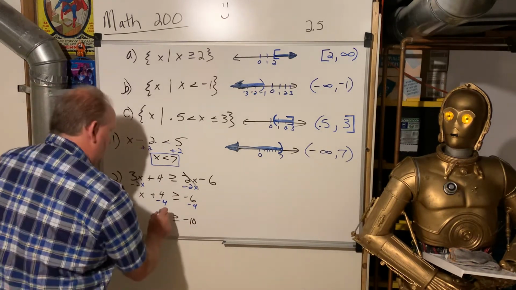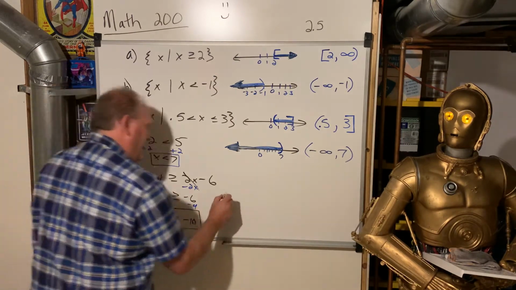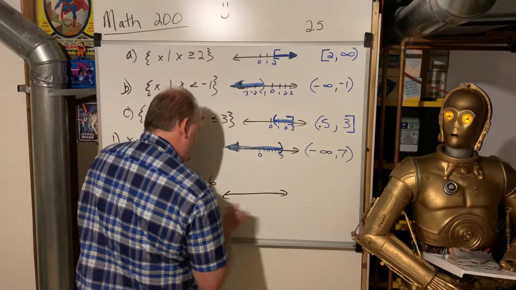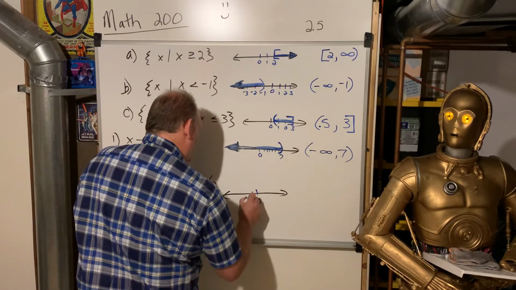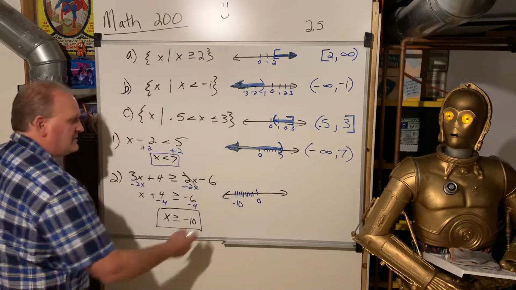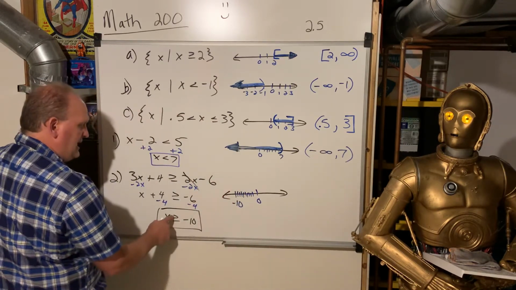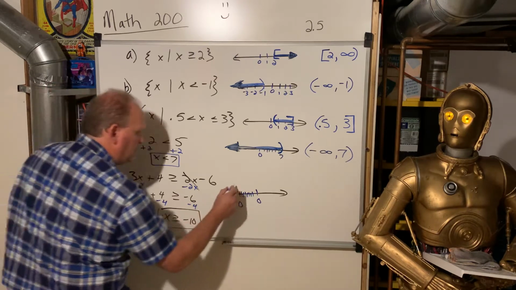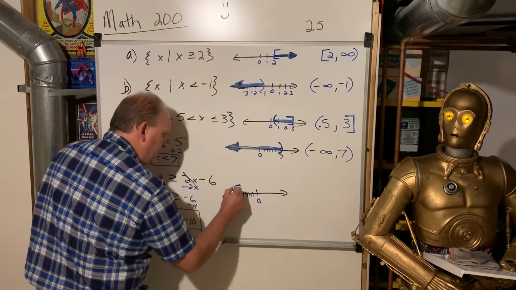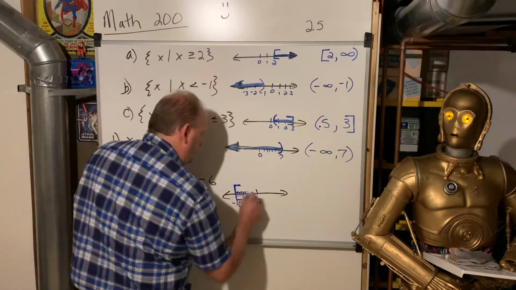All right, so let's graph that. And then do the interval notation. So we got 0, 1, 2, 3, 4, 5, 6, 7, 8, 9, 10. So there's negative 10, and now it is x is greater than or equal to. So that is a bracket, and then shaded right.